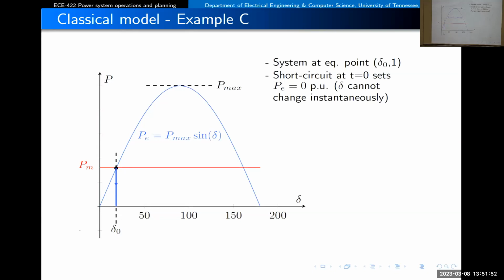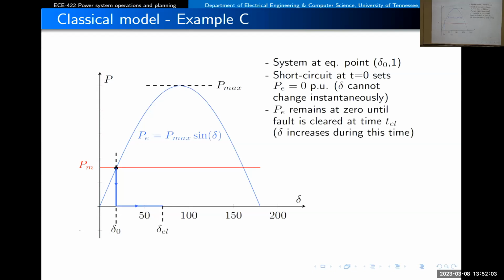so it cannot change. But if the short circuit remains, as the electrical power is zero, the generator will be accelerated and the angle and the speed will start increasing. And this will increase until somehow this fault is removed from the system.